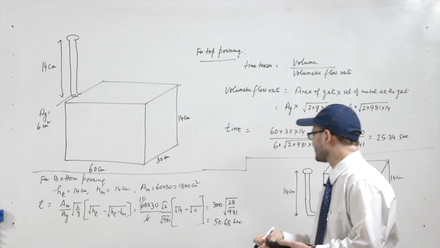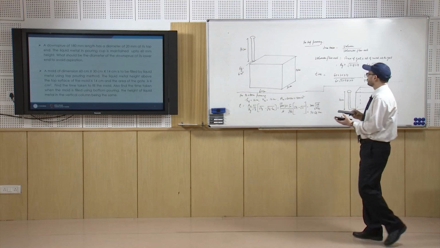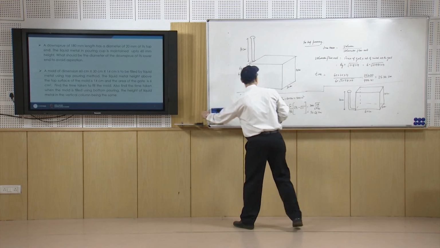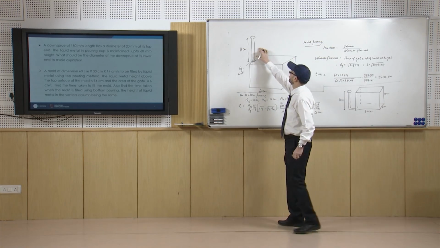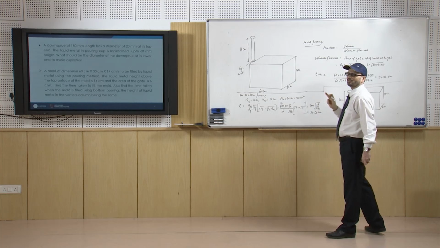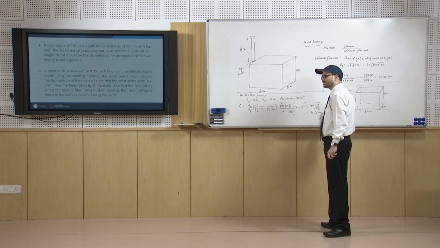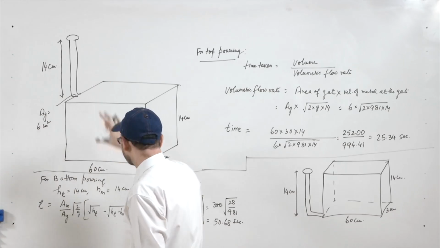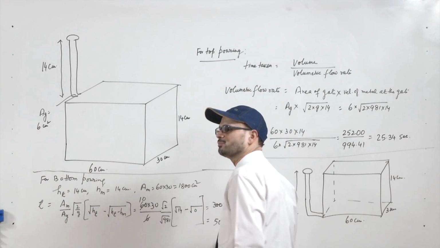Now, this is the time taken to fill the mold using this bottom gating. When we do with top gating, the time taken is 25.34 second, whereas when we do the bottom gating, the liquid metal head is the same. In that case, the time taken is 50.68.